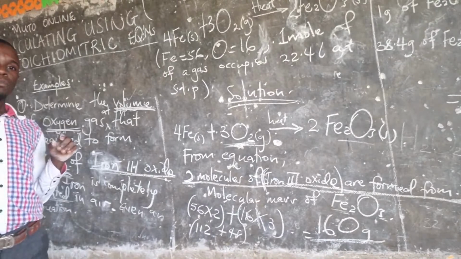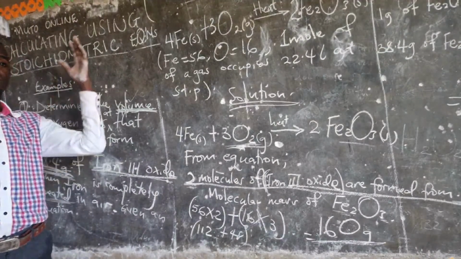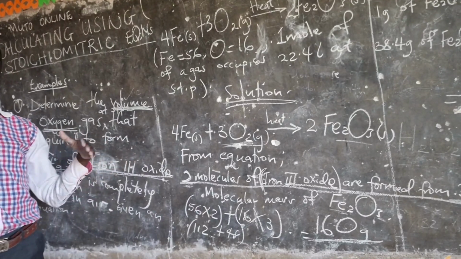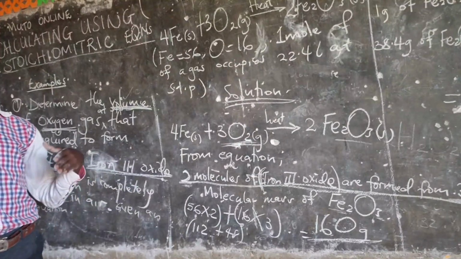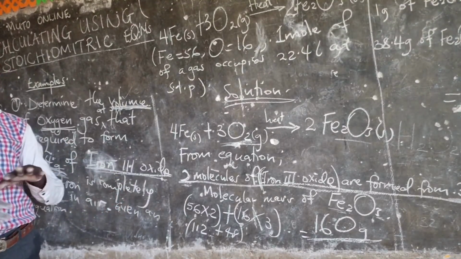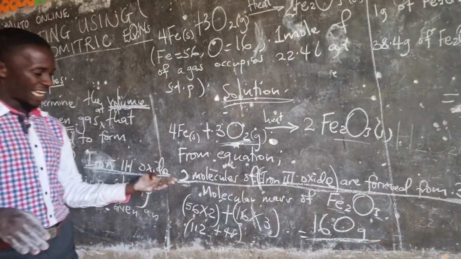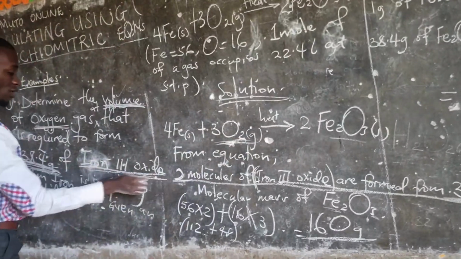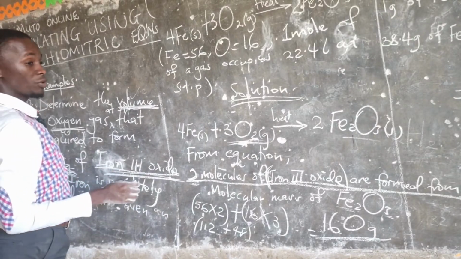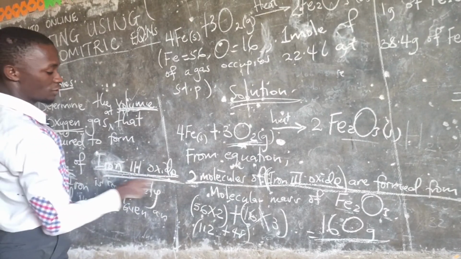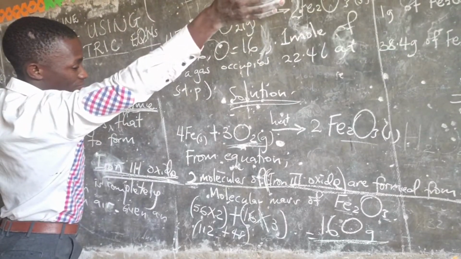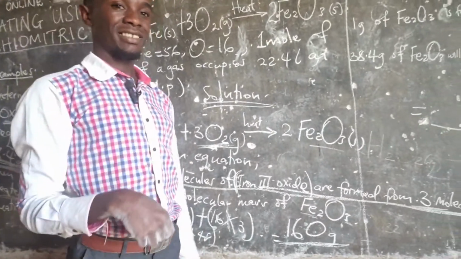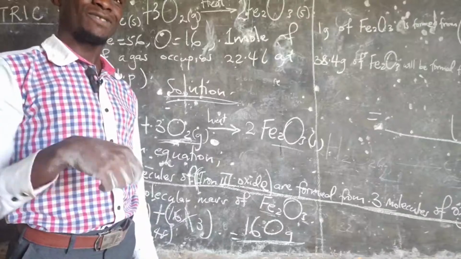The other concept we are looking at does not change: the concept of relating mass with moles, number of moles with volume, number of moles with mass. But relating the number of molecules of reactants with the product, following the rule that what is given goes on the left, and what you're calculating for goes on the right, is also crucial. Don't forget to relate standards with standards.